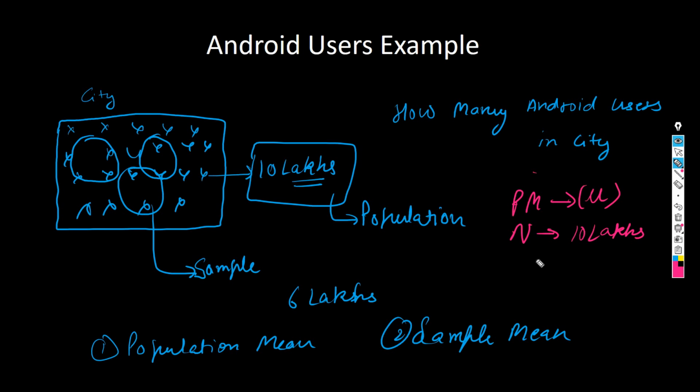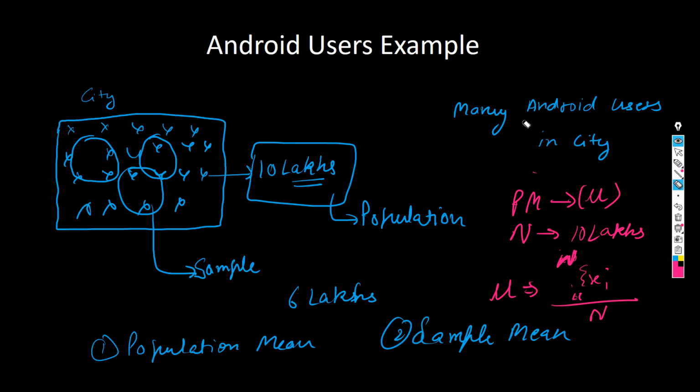So how can we find it? We add all these elements x of i, from i equals 1 up to i equals 10 lakhs, up to N. I think we have discussed this in our previous video, on how to find mean, median and mode. Whenever we talk about this formula for population data, it is always denoted by mu, and the count will be our capital N.